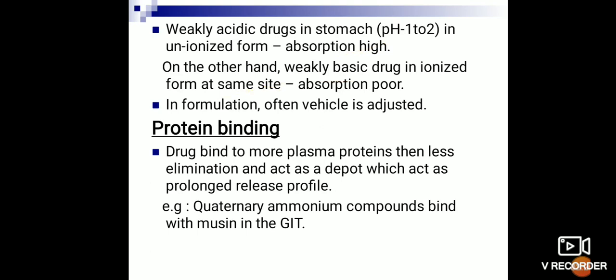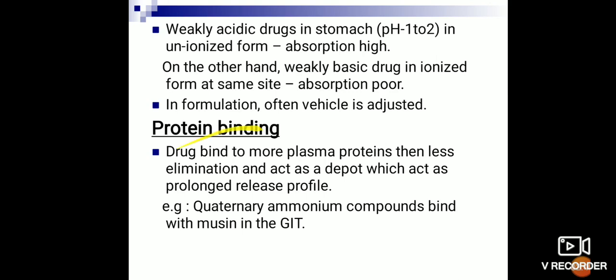If the weak base drug is present in acidic media, it is ionized, so it is poorly absorbed. So in the formulation, often the vehicle is adjusted. So the vehicle is important during the manufacturing of sustained release drug delivery system or controlled release drug delivery system.